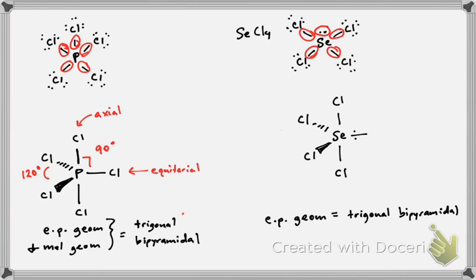And here we're going to say that we have a 90-degree angle between the axial position and the equatorial position, and we have a 120 at the equatorial. And this shape is actually known as the seesaw geometry. So our molecular geometry is seesaw. Sometimes people call it the sawhorse.